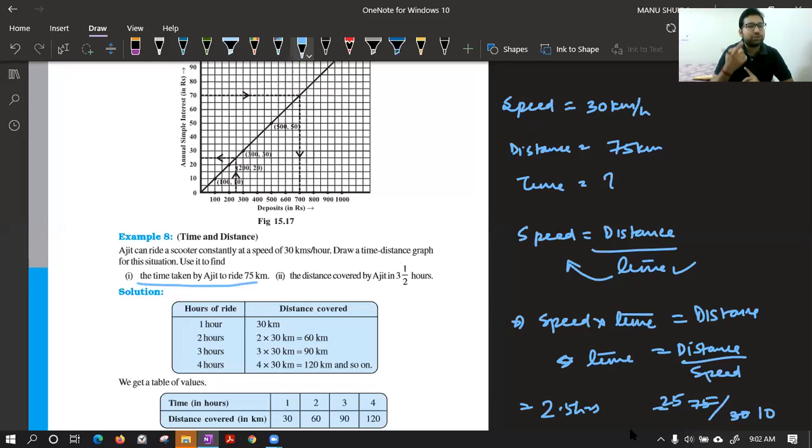This type of proportionality, in which you increase the speed and the time decreases, is known as inverse proportionality. So if you decrease the speed, time taken will increase.